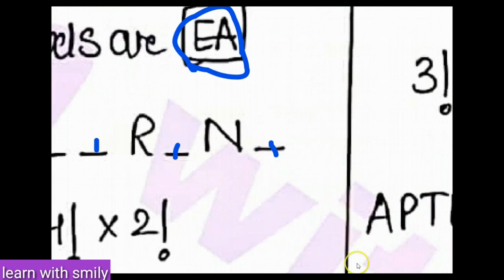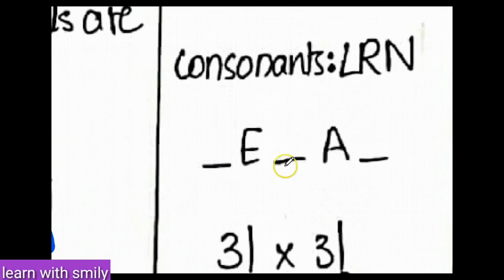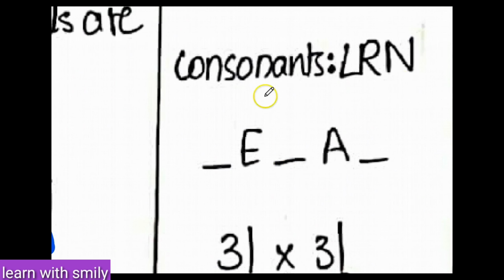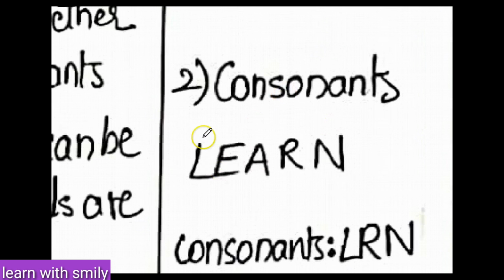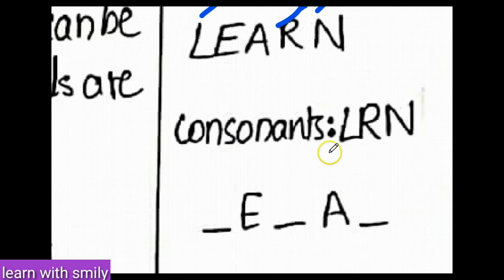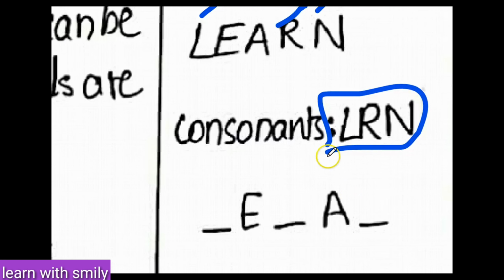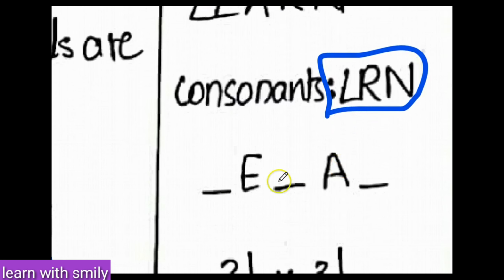Okay, so the same applies for consonants too. Here the consonants for the word learn are L, R and N. So LRN is considered as a complete unit which can be placed either before E or in between E and A or at the end of A, right?